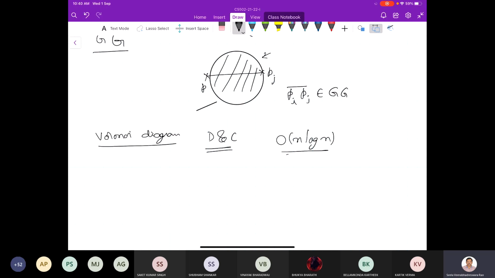So this is the optimal algorithm, but it is not that easy to implement. People were using this algorithm as the optimal algorithm for many years.